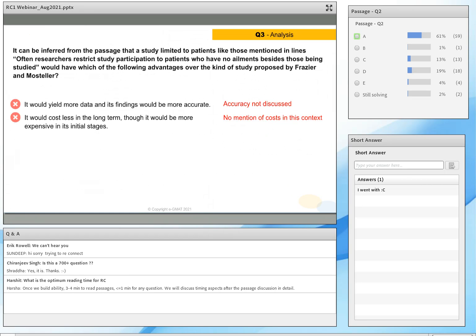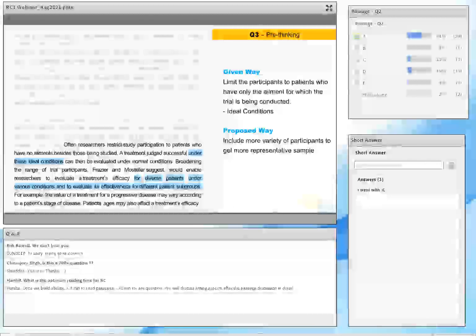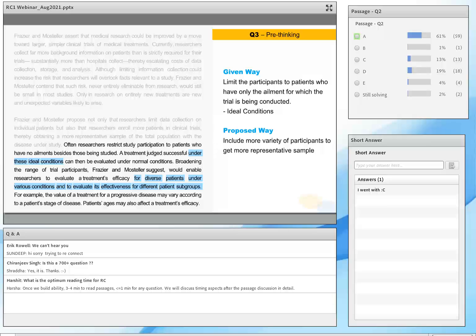I mean, it's really not a plus point, but if you have to say it in relative terms, we know from the passage that the current clinical trials only include those patients who suffer from that very particular ailment that is under study. What happens is that they don't have to look into a lot of data. They don't have to work with a lot of data.